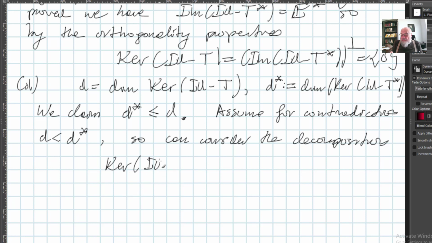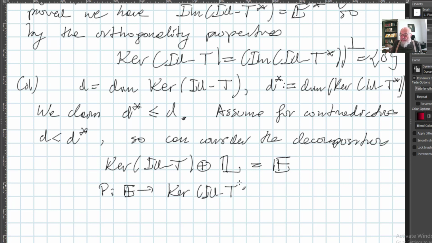Take the kernel of identity minus T, and take the complementing space to the kernel, which is equal to E, and consider also the projection P going from E onto the kernel of identity minus T, which is associated with this decomposition. That means the kernel of P is exactly L, that's how it is.